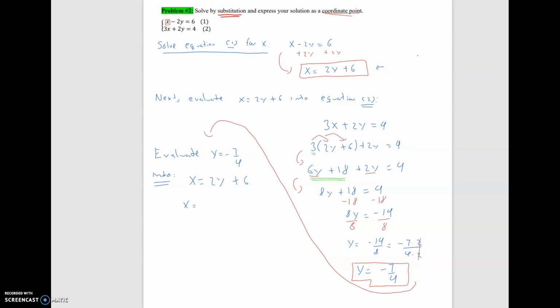So your x is equal to 2 times negative 7/4 plus 6, or x is equal to technically negative 7/2 plus 6.